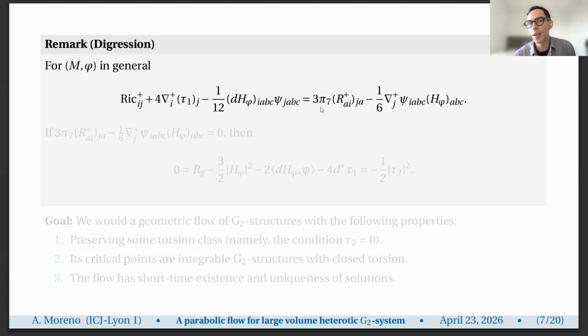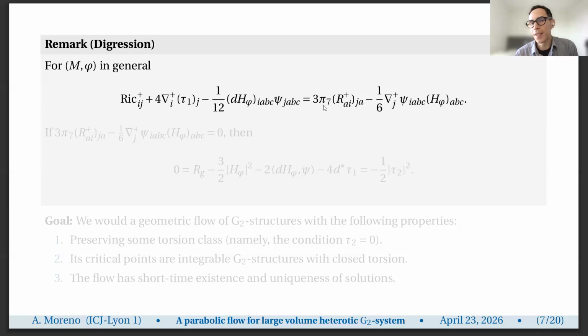That is given by the right-hand side of the equation, which is pi 7 of R+, meaning the projection on the 7 part of the two-form of the curvature tensor of Nabla+, and this other contraction of Nabla+ psi with this 3-form H phi.